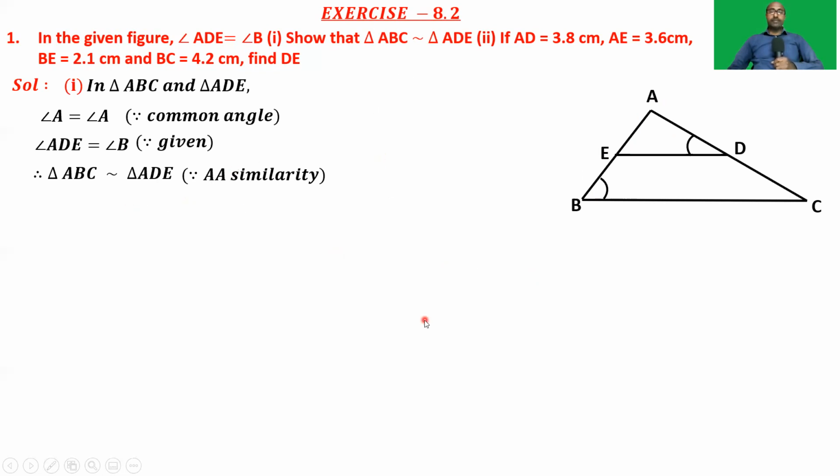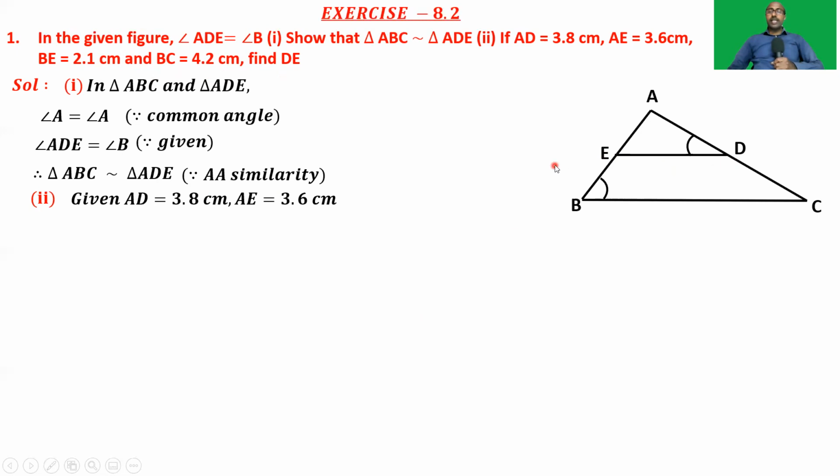And in the second one, the measurements are given that AD is equal to 3.8 centimeters, AE is equal to 3.6 centimeters, BE is equal to 2.1 centimeters, and BC is equal to 4.2 centimeters. Find DE. So we have to find the length of DE.